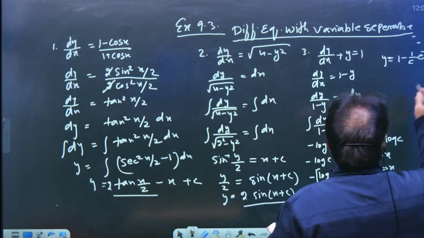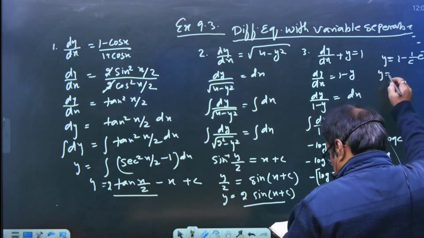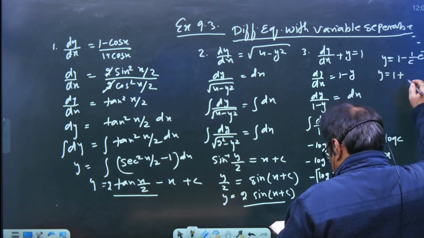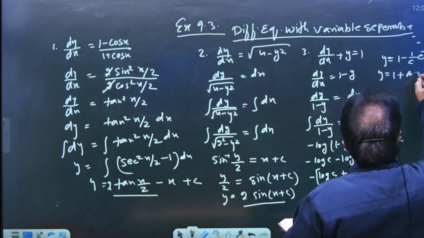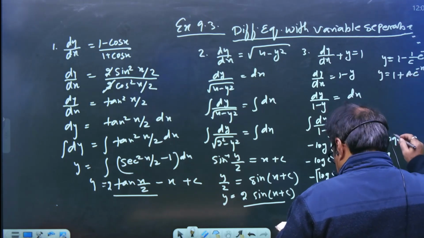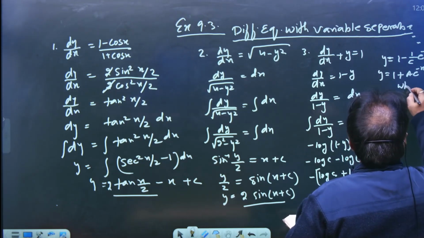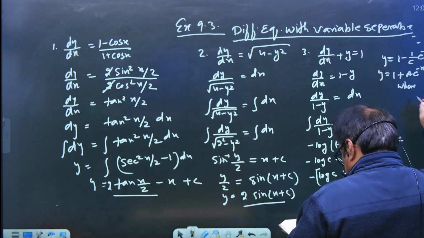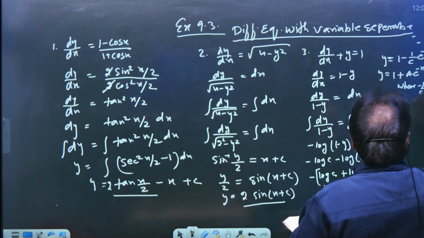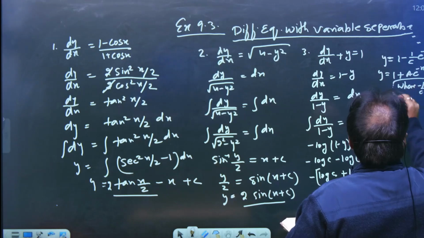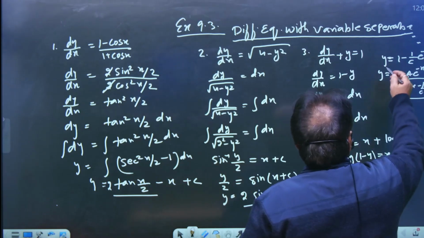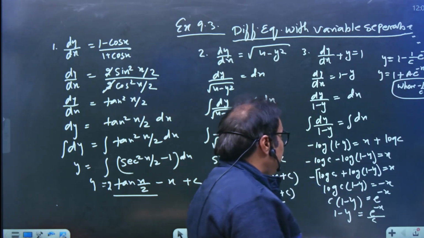Okay, and we can write this y is equals to 1 plus a e to the power minus x, where minus 1 by c is equals to a. Okay, so or we can leave up to here also, doesn't matter.